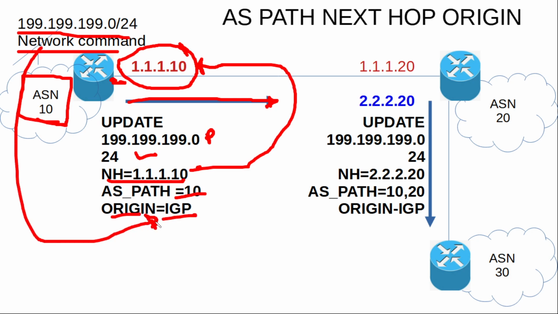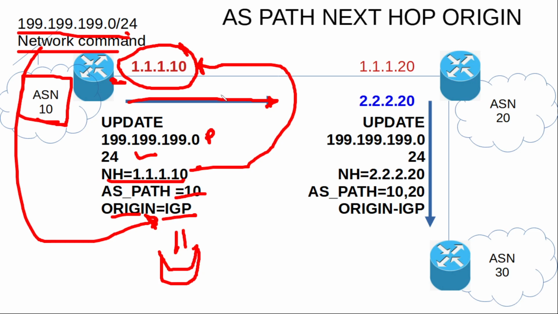This means that an actual human being went in and typed in the network command, making sure it is an appropriate command for this prefix. So it is in this case set to IGP, which means this is a good thing, because this means that an actual administrator went in and took the effort to validate this particular prefix. So IGPs are something that we want.